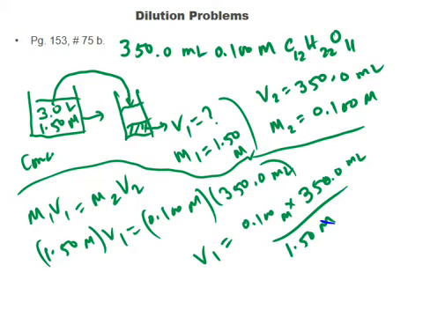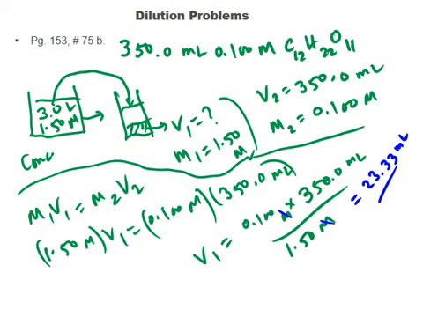The molarity would cancel out, so this answer would be in ml, and that value is 23.33 ml. What this tells me, that I need to take 23.33 ml from the bottle that has 1.50 molar concentration and add rest water to get 350 ml.